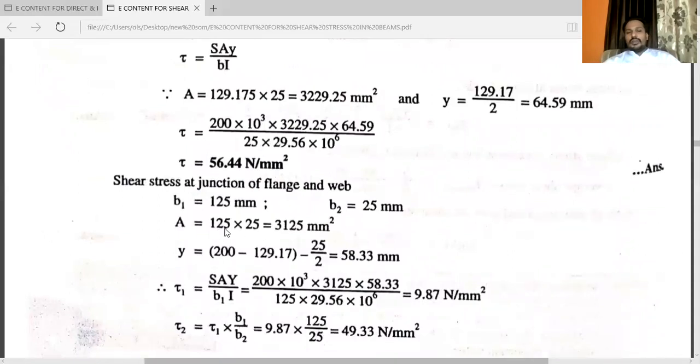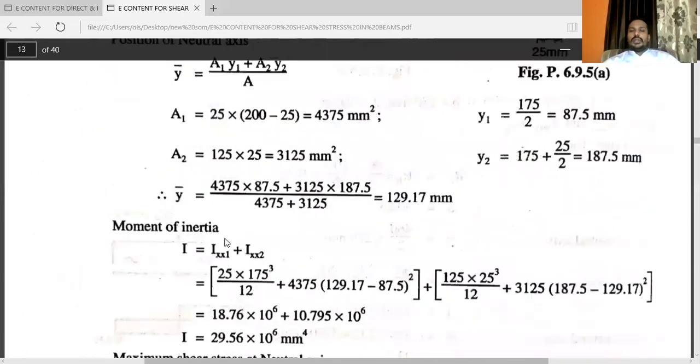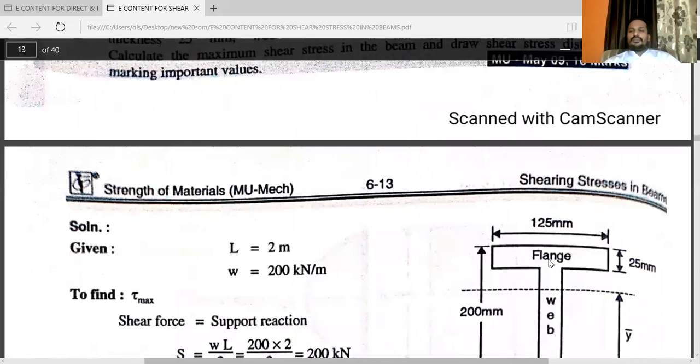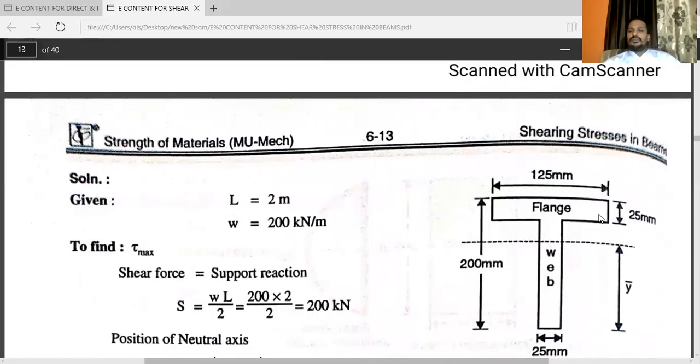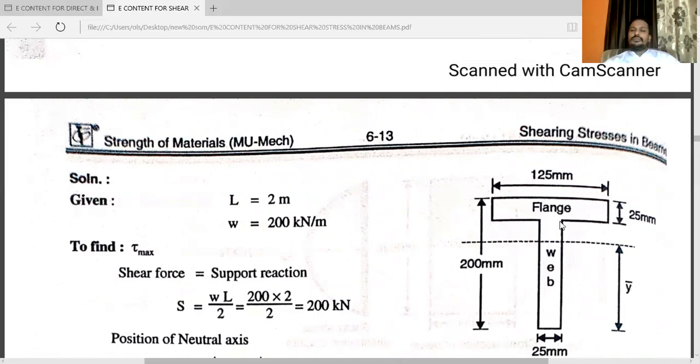Flange area, that is 125 into 25. So area is 3125 mm square. And y bar, that is very, very important. Now here you are considering only this top flange. So centroid point will be here.